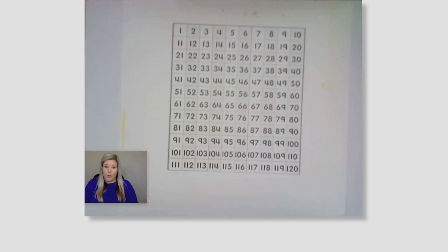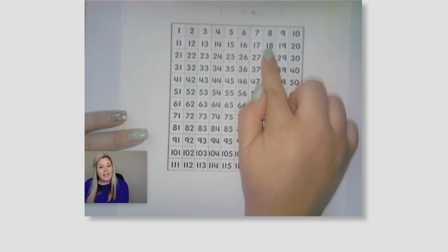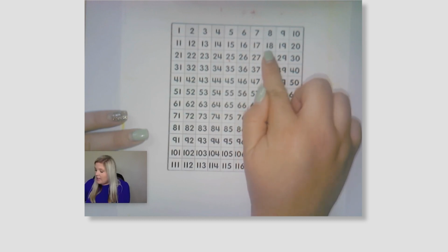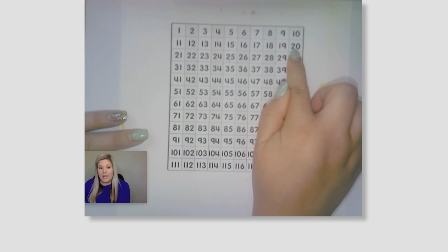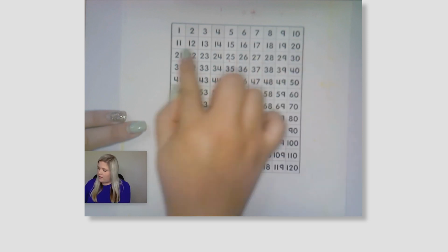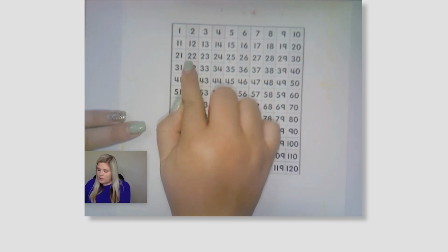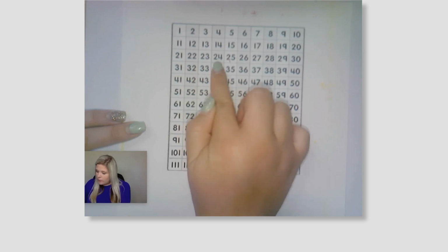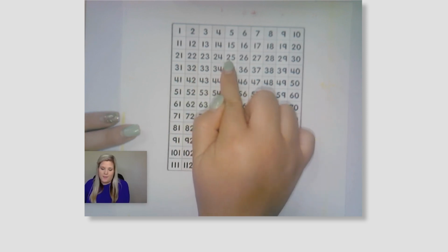I can also count on from any number on the 120 chart, like this. If I wanted to count on from the number 18, I would find the number 18 and then continue to count. 18, 19, 20. When I get to 20, I need to move down to the next row and begin counting at 21. 21, 22, 23, 24, 25.